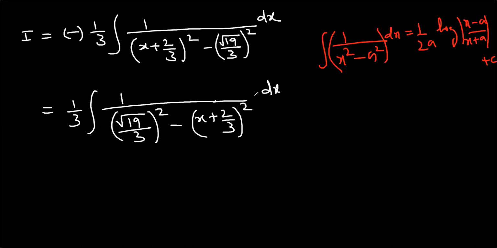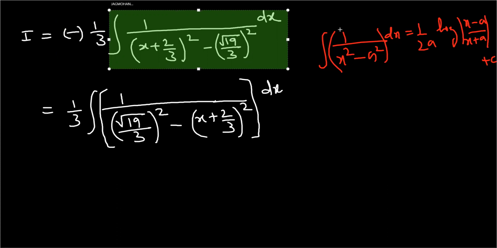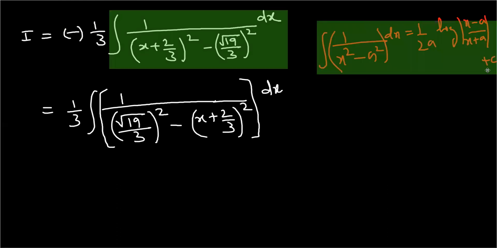Okay. So you should try to understand, students, had I applied the result at this stage, I would have written my answer as minus 1 by 3 and then apply this result. This minus 1 by 3 will remain as it is, and then I will apply this result. But I changed my plan.